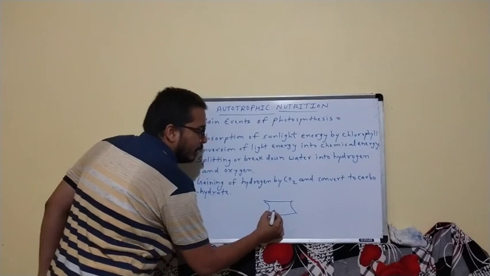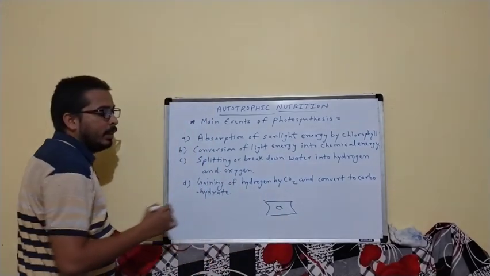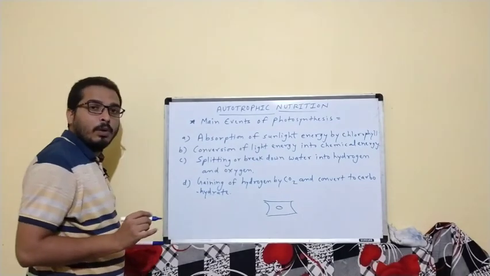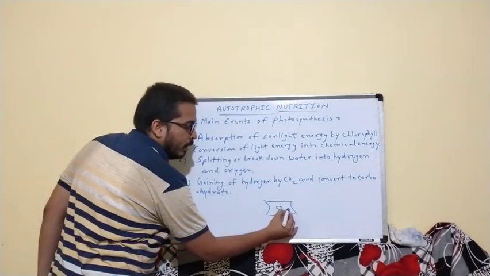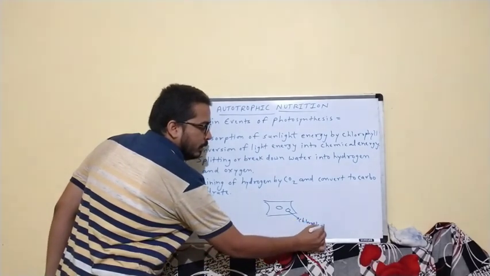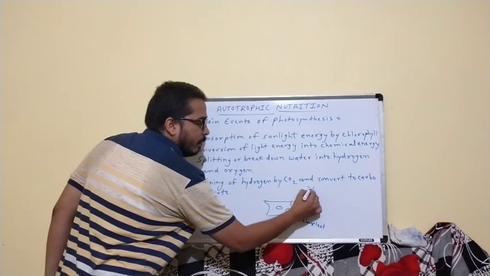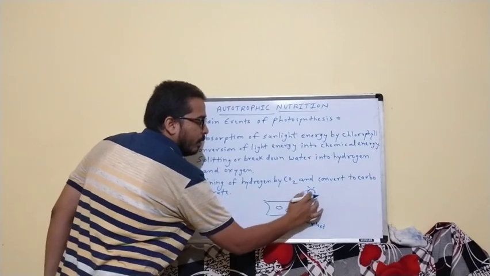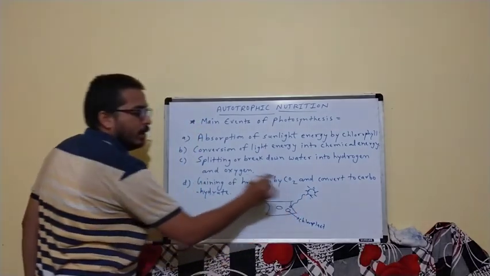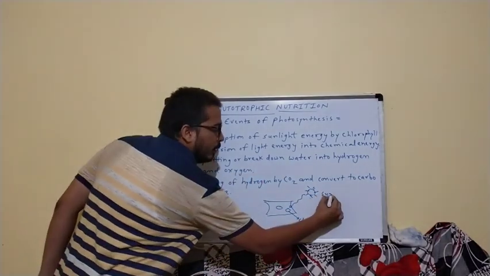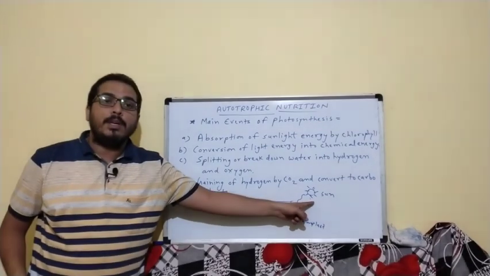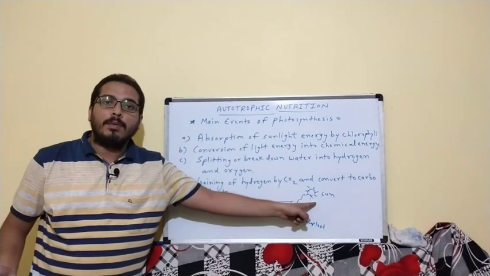Suppose this is the plant cell, and in this plant cell an organelle is present, that is called chloroplast. In this chloroplast, the energy which is coming from the sun, it is coming in the form of sunlight, in the form of light.